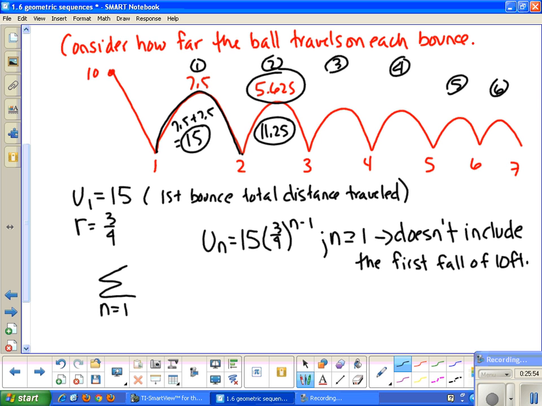So the sum from the first bounce all the way to the 8th bounce, and of course we have to add the height that we're falling of 10 feet. So this is what we're solving.